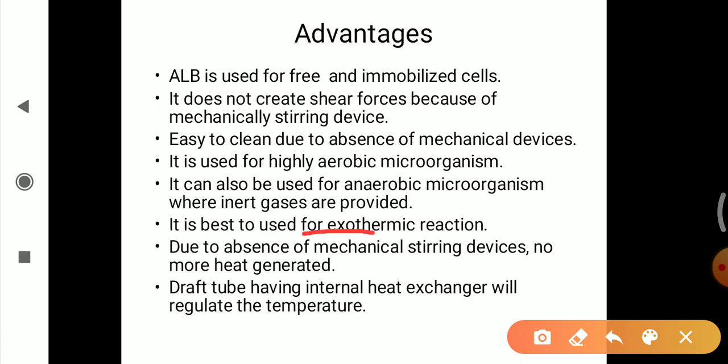During their growth they generate higher heat. To eliminate this heat problem, we use airlift instead of the continuous stirred tank bioreactor. Due to the absence of mechanical stirring devices, no heat will be generated. The draft tube having an internal heat exchanger will regulate the temperature.